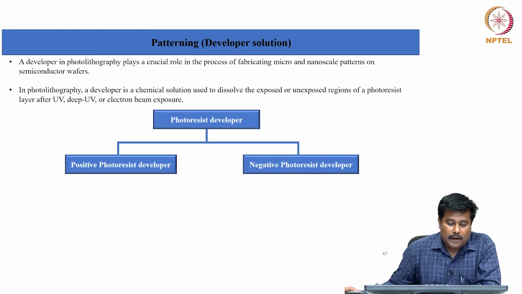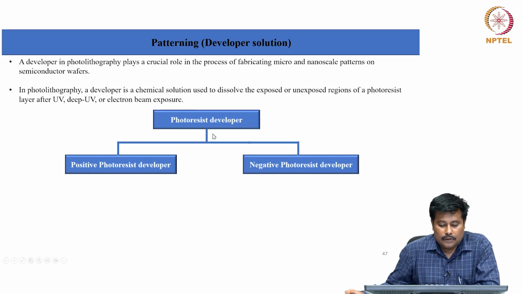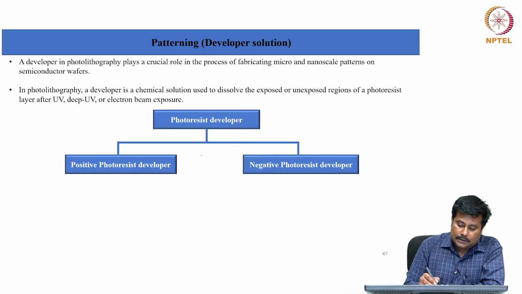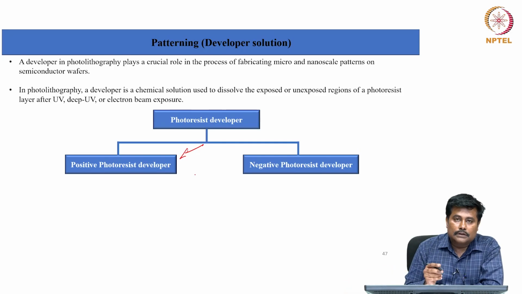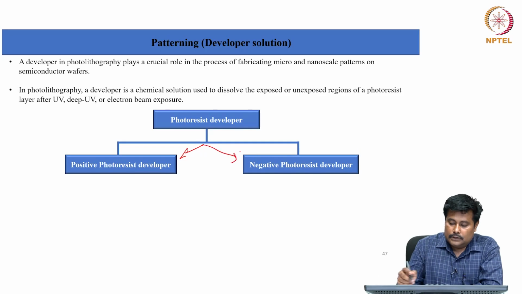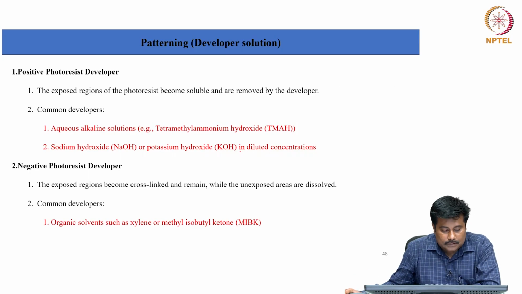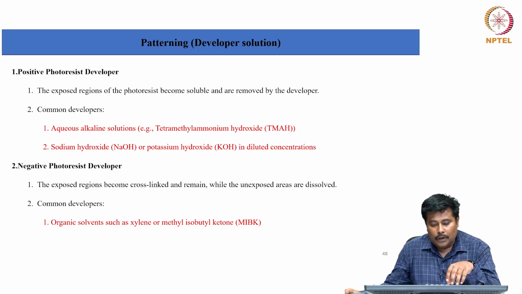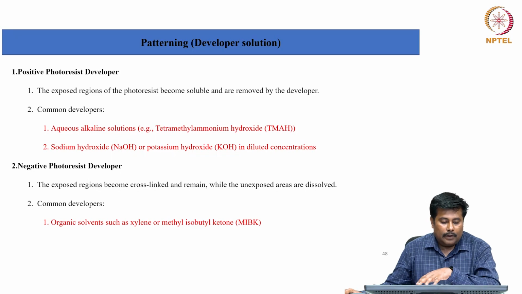Now, when I talk about photolithography and the photoresist developer, as we mentioned earlier, it is classified into two. One is called the positive photoresist developer and the other is called the negative photoresist developer. For the positive photoresist developer, the exposed region of the photoresist becomes soluble and is removed by the developer.